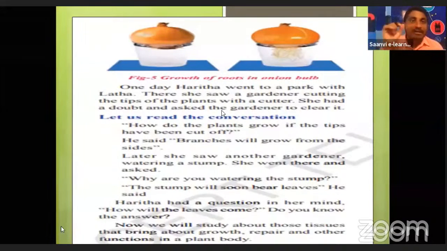If we know the function of these tissues, then we can get clarity on Harita's questions.